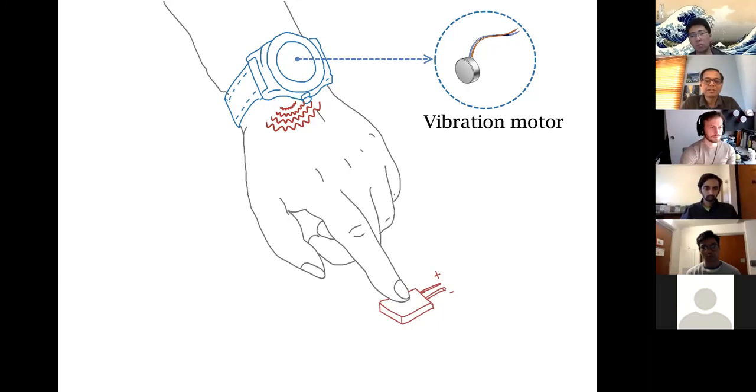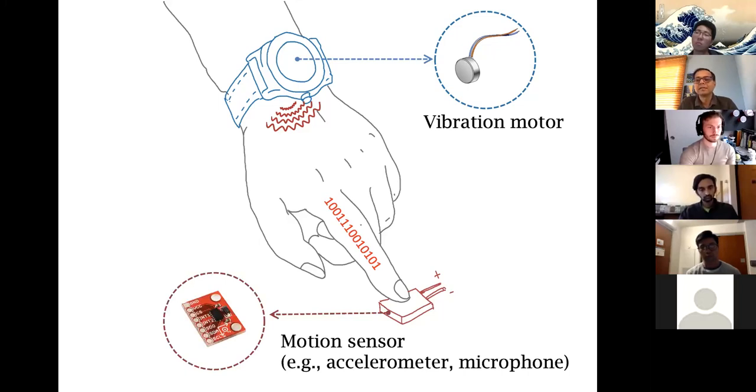And so then the question is, can we start encoding data, bits, in these vibrations, and then pick up that data through a motion sensor, a vibration sensor, such as an accelerometer or even a microphone? Does that make sense?